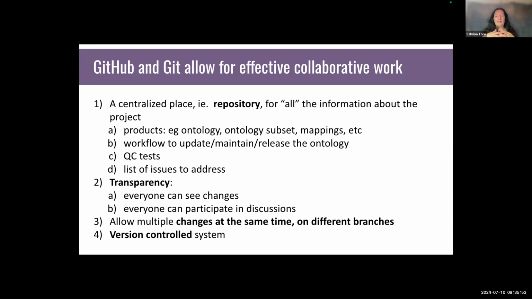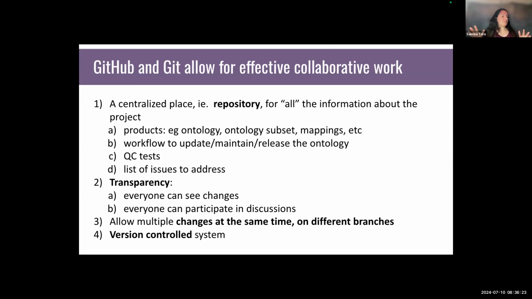Of course, there are options in GitHub. You might decide that your work is very secret and you don't want it to be seen by anybody, and you're very restrictive with who you invite into your repository. This is an option. Here we're really talking about collaborative work and everything happening in the OBO Foundry sphere, which is really collaborative and open.